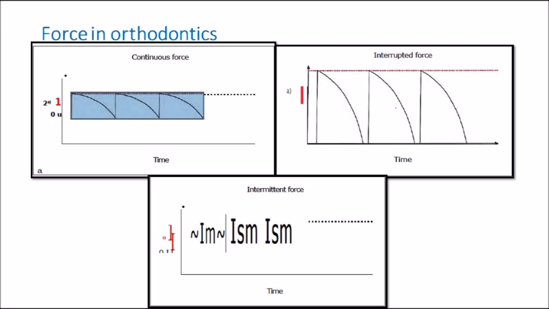So it's an orthodontic or orthopedic force that is inactive for intervals of time between appointments. A force exerted by extraoral appliances like your headgear, which is worn only for 10 to 12 hours during a period, is the kind of interrupted force that is delivered.